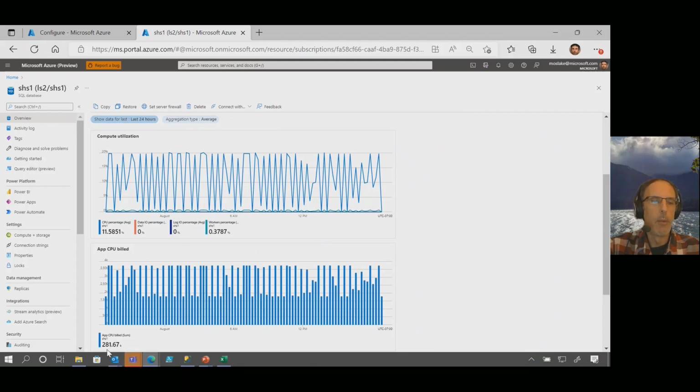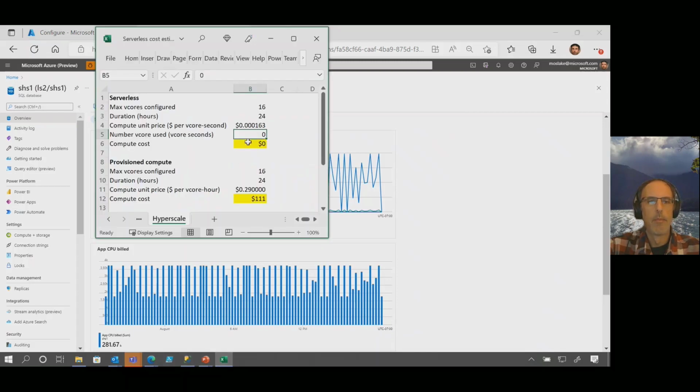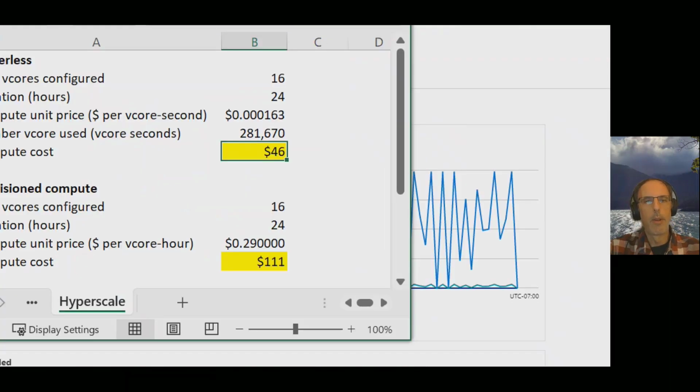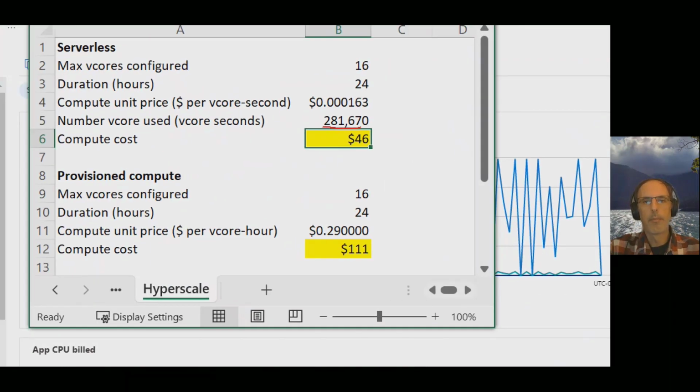So roughly 281,000 vcore seconds is the billable quantity for the last 24 hours. 281,670 vcore seconds to be precise were billed over the last 24 hours.